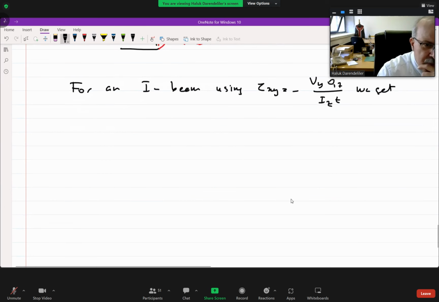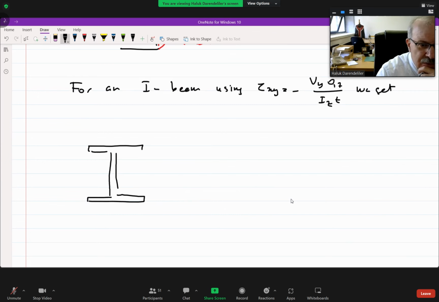Now look, if we have such an I-beam, this is an I-beam. We know, probably you remember, why do we use I-beams? Because whenever there is a shear force, there is a moment, there are normal stresses due to the bending, and we want to keep the I value of the cross section as maximum as possible, and the I-beam is very appropriate for that, right?